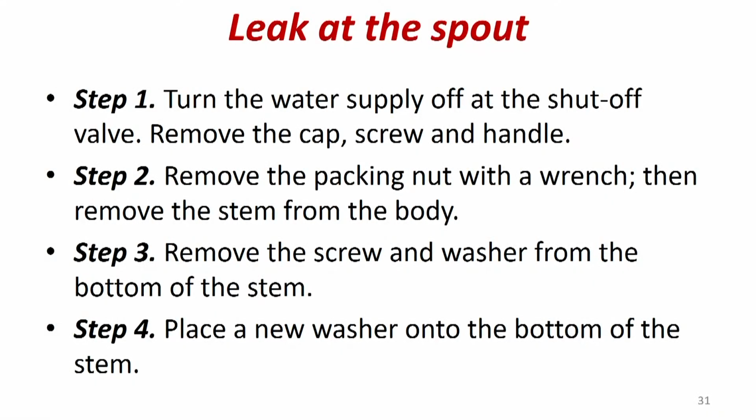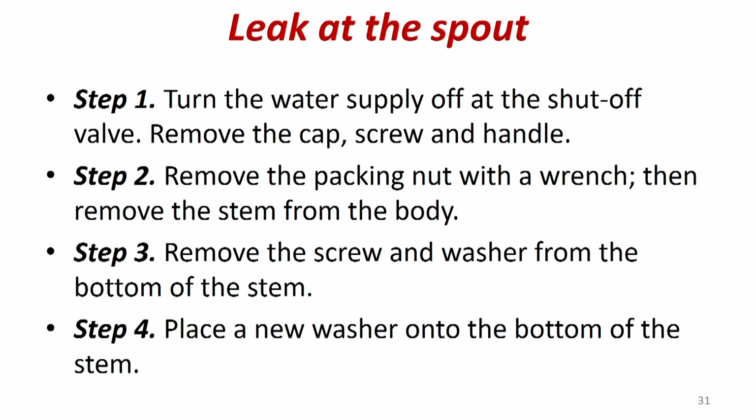Another point of leakage is the spout, and as a first step you have to turn the water supply off. Again remove the cap, screw and handle. Now you have to remove the packing nut and then remove the stem from the body, because sometimes the stem becomes faulty.